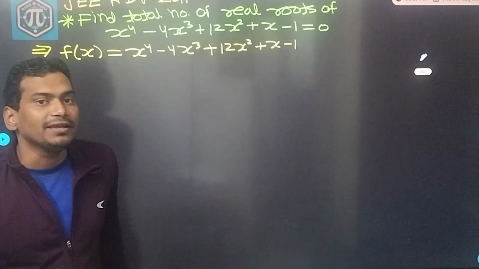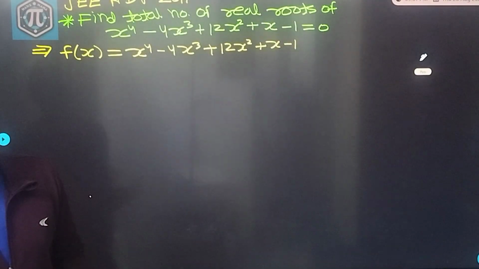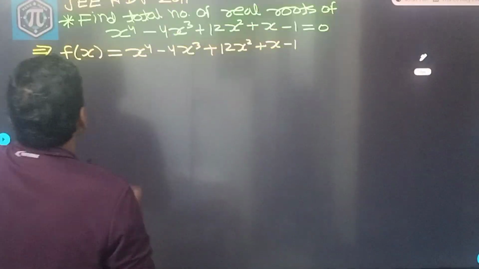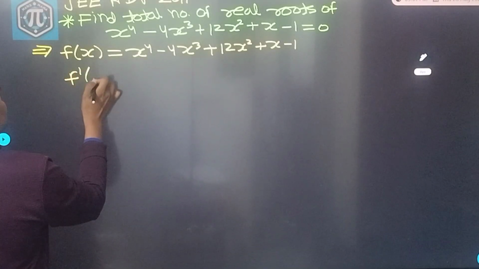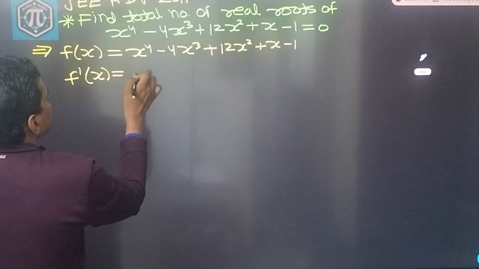So we are going to apply application of derivative. So see how we will apply. First of all, f dash of x. What is dy by dx for this?